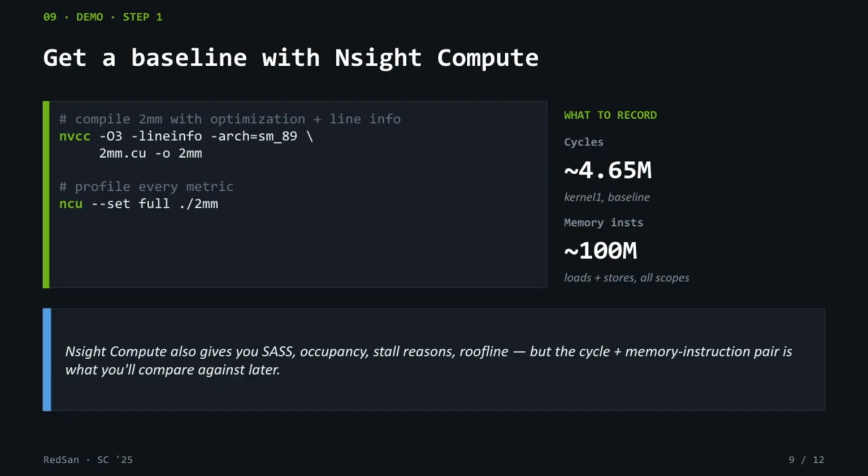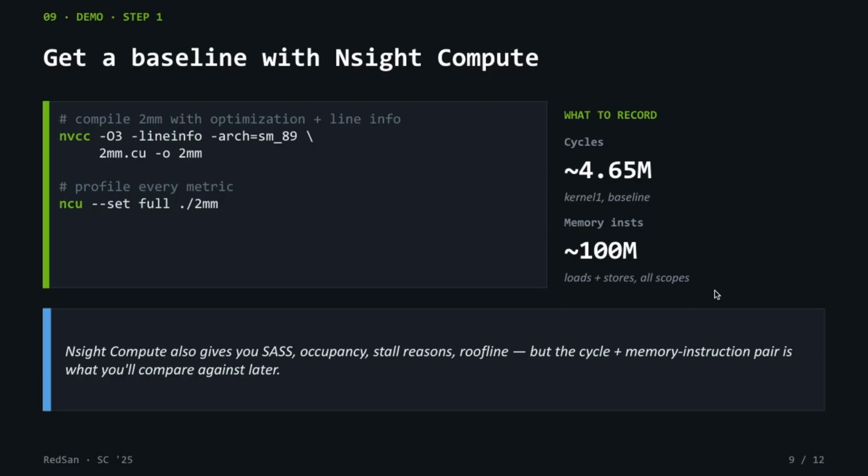It's basically a matrix multiplication of two matrices, and for this specific program the total cycle count was around 4.65 million, and I was able to recreate these exact numbers which are shown in the paper as well. So yeah, that is the total cycle count.